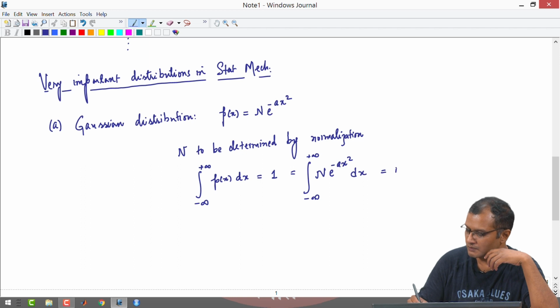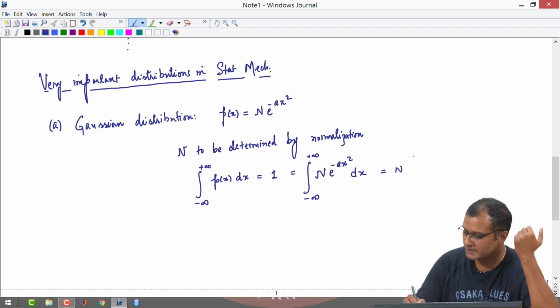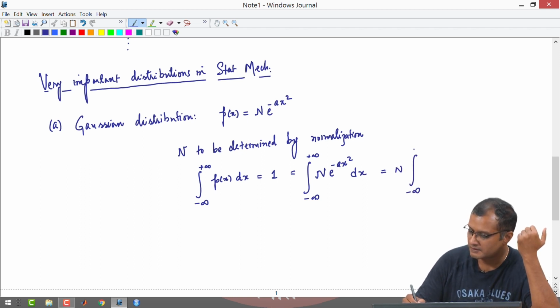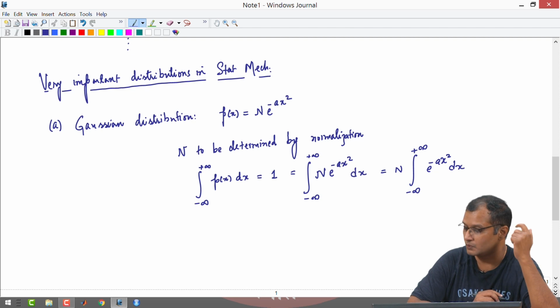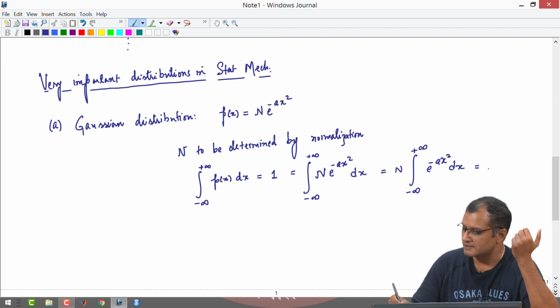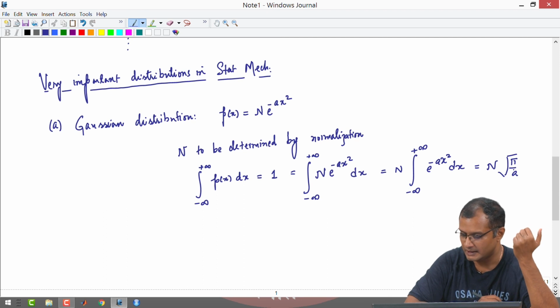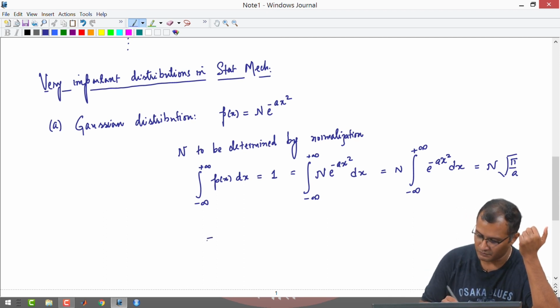So, I can take n outside and this becomes simply the integration of e raised to minus a x square dx. Now, if you know the result of this Gaussian integral, you can simply substitute that result, which is square root of pi by a, okay, and that gives you your n.